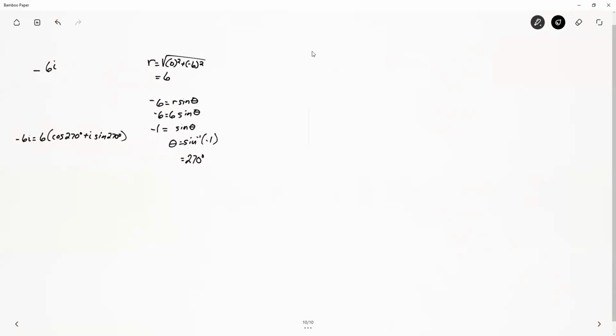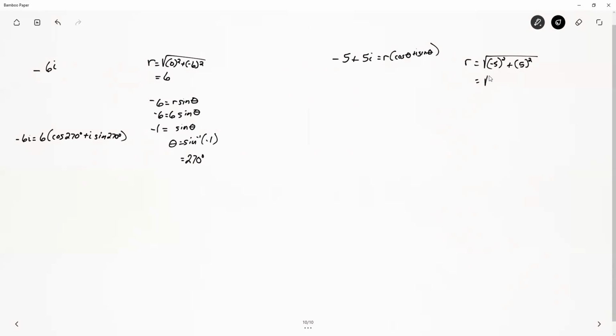All right, what if you're given this one? Negative 5 plus 5i. And you're asked to turn that into r times cosine theta plus i sine theta. Well, first let's figure out what r is. R is going to be the square root of my a squared, where my a is negative 5, plus my b squared, which is 5 squared.